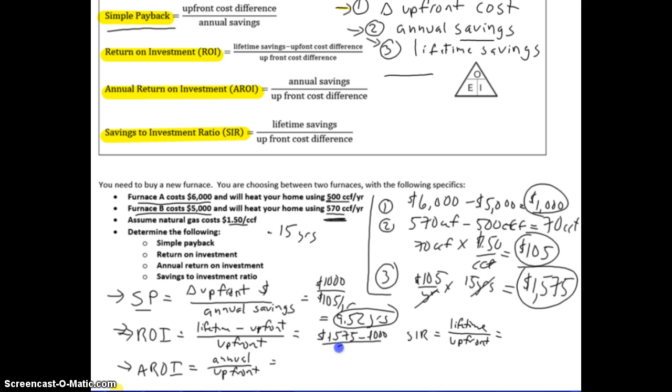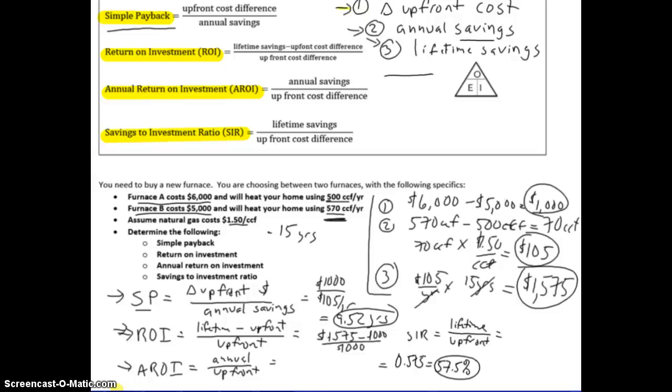Divide that by 1,000, and all told that will equal 0.575, which means 57.5%. So what does this mean, practically speaking? It means at the end of the lifetime of this furnace upgrade, I will have earned 57.5% on top of getting my money back.